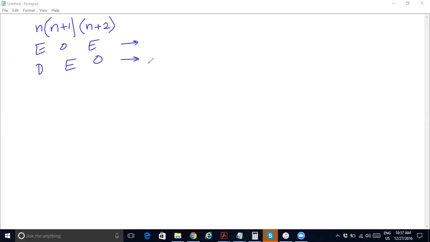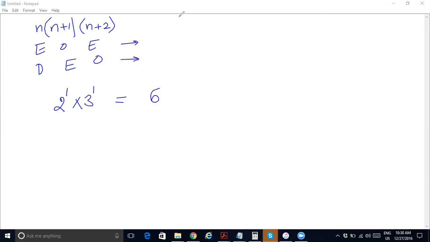But from these 2 scenarios, we are sure of one thing, that we have at least one 2 in these 3 numbers, and we have at least one 3. So the product of these 3 consecutive integers in any case will always be a multiple of 6. Right? Okay.